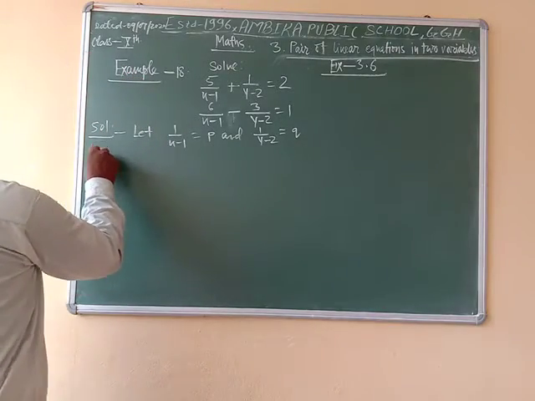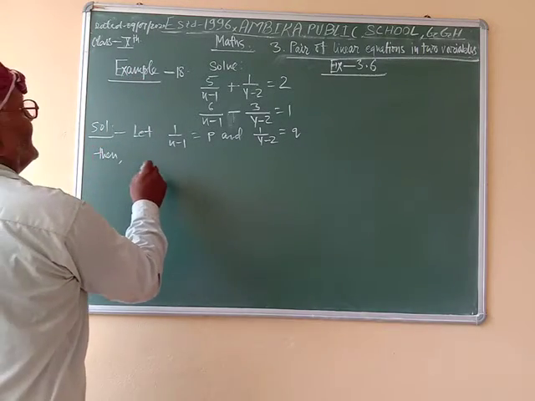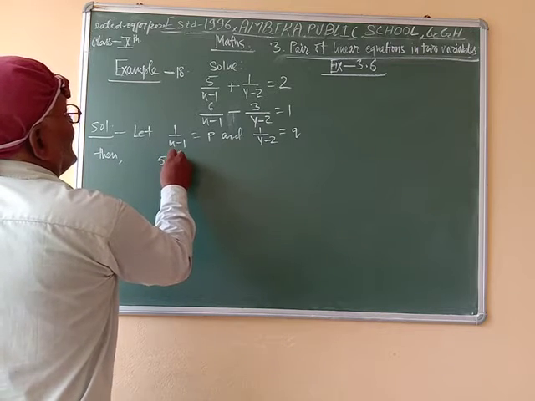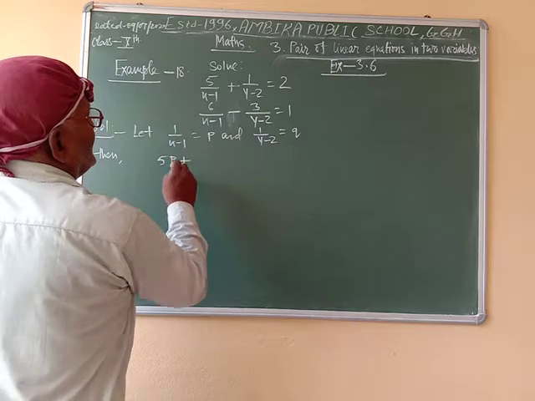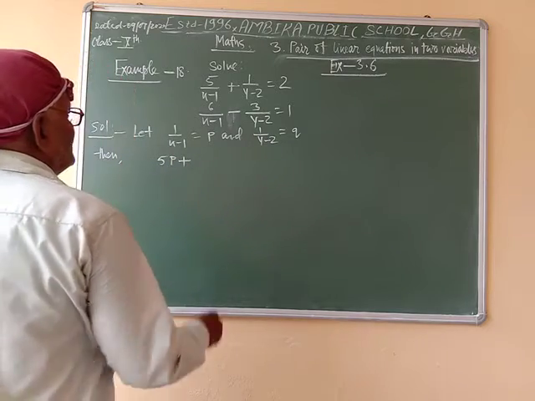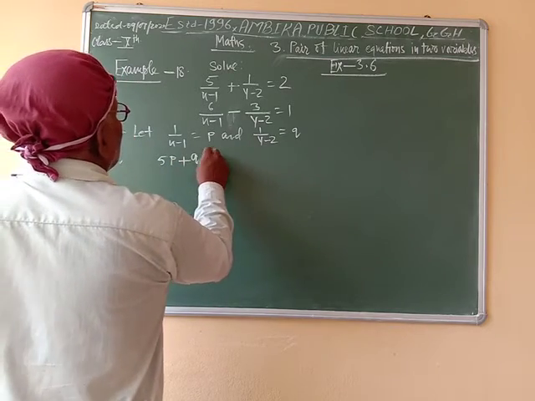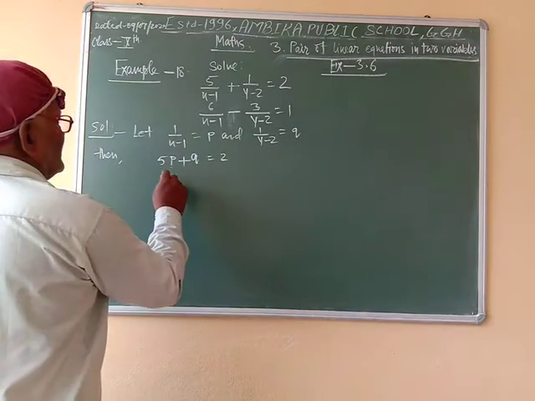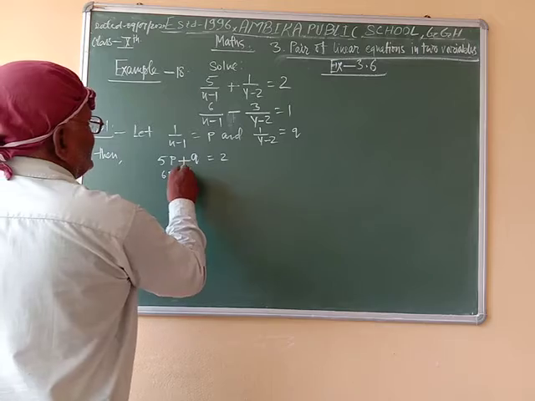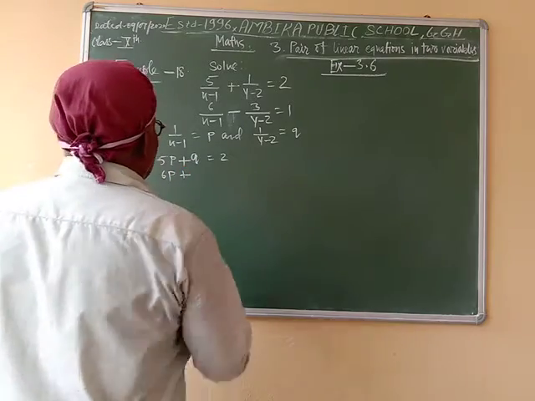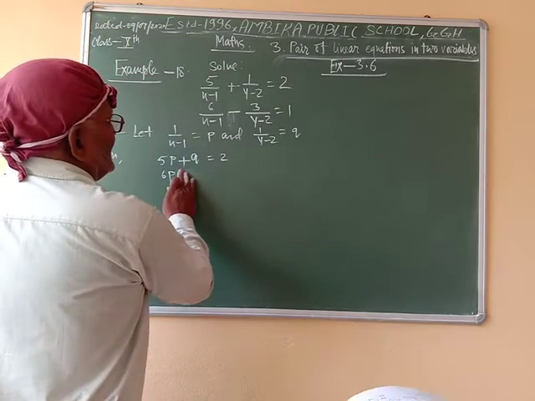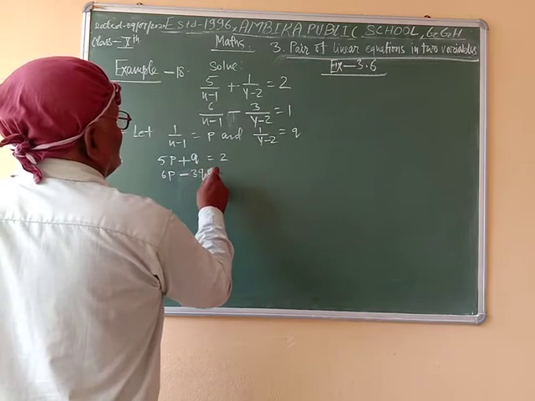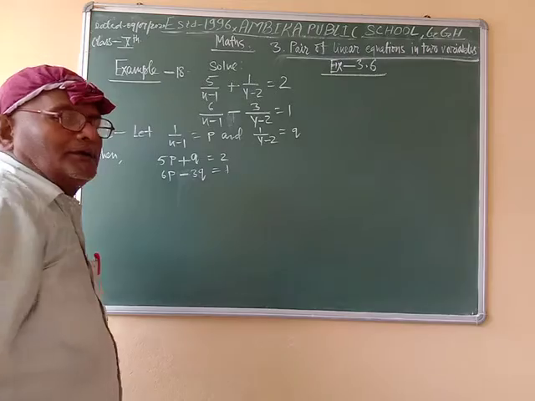Then 5p plus q is equal to 2 and 6p minus 3q is equal to 1.